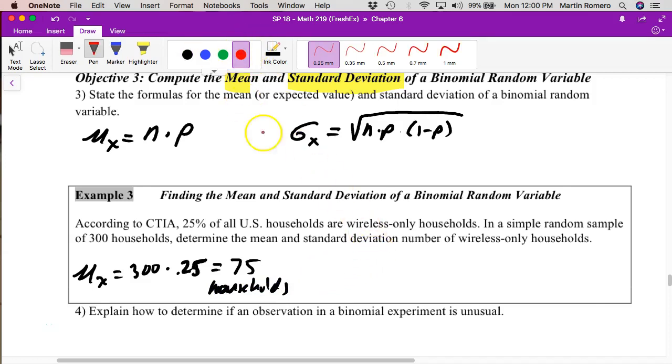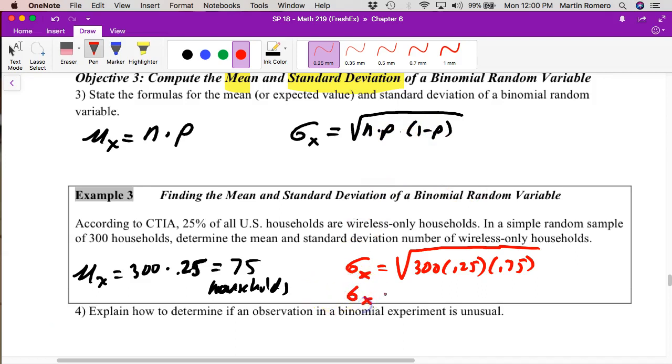And then how about the standard deviation of the random variable? This would just be the square root of 300 times 0.25 times 0.75. That's the complement, 1 minus p: 1 minus 25 is 75.